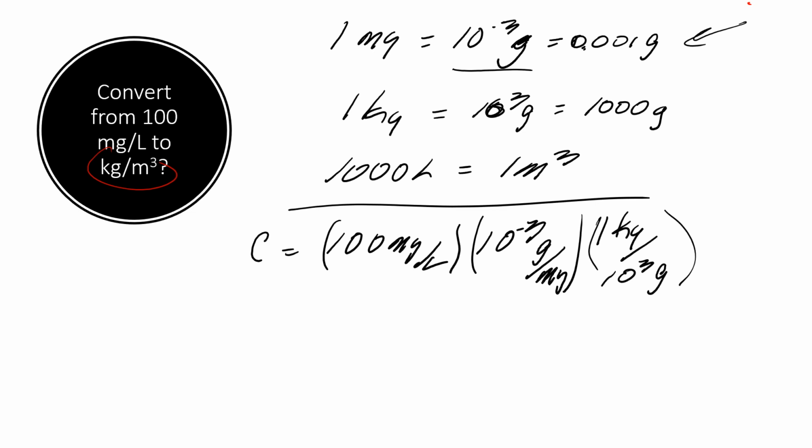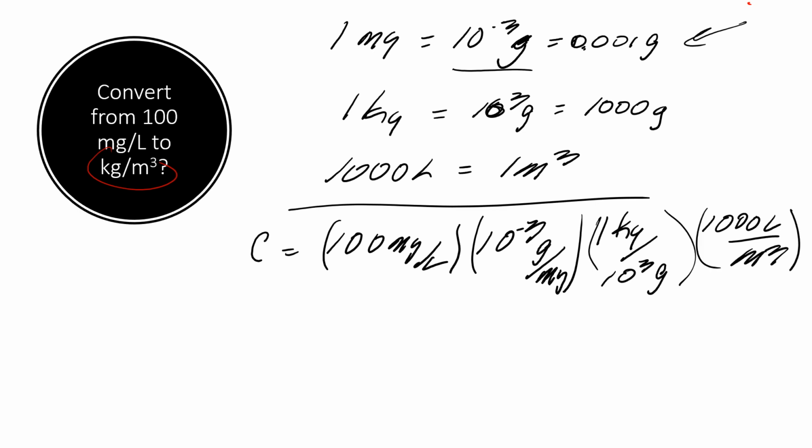And the last one is we need to go from liters to cubic meters. So now in this case, you see the liters is in the denominator. So in the conversion factor, we're going to want liters to be in the numerator so that they're going to cancel out, and we're going to end up with per cubic meters. So the conversion factor, I'm going to write it this way, 1,000 liters per cubic meter.